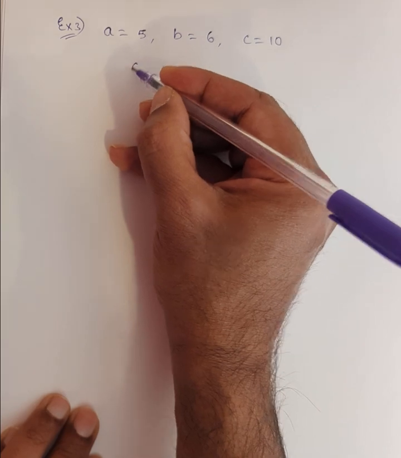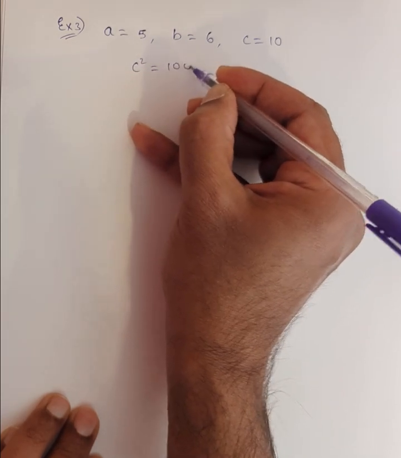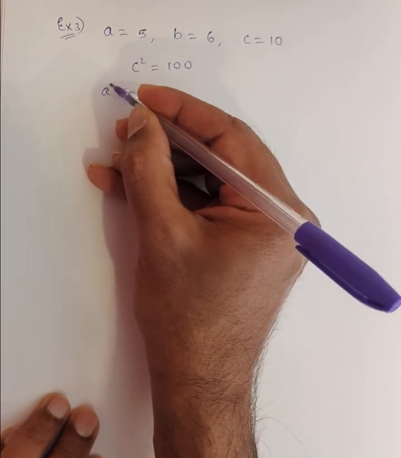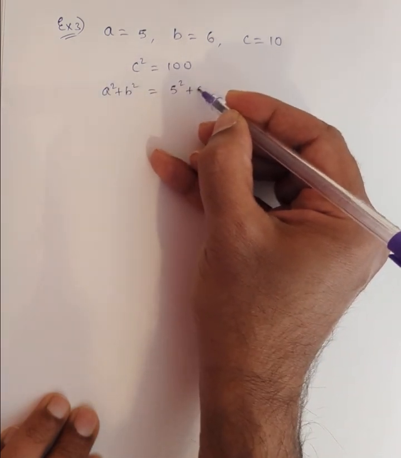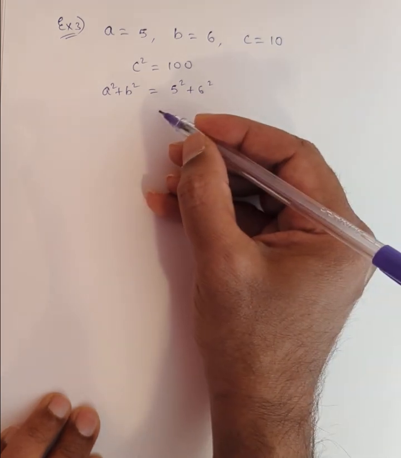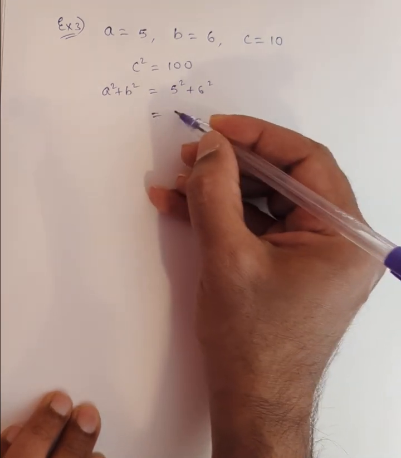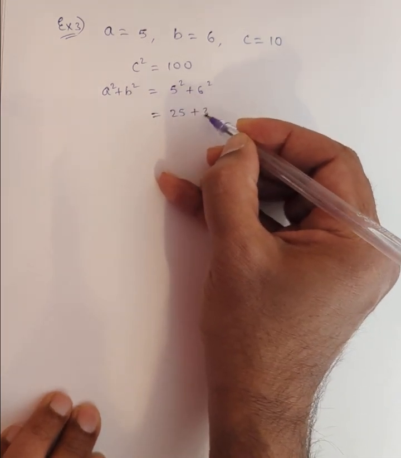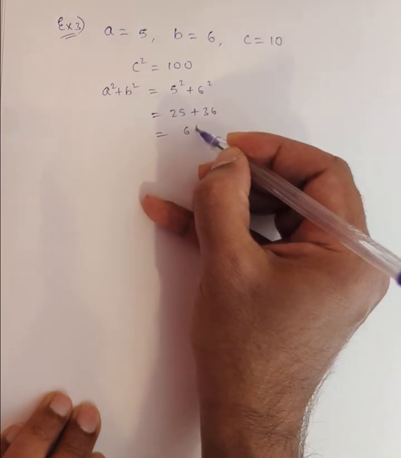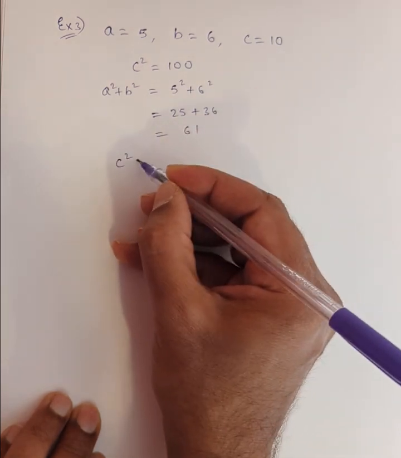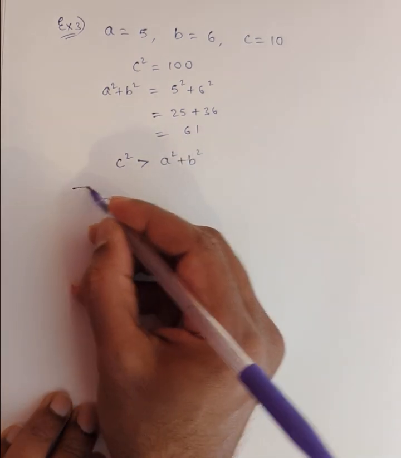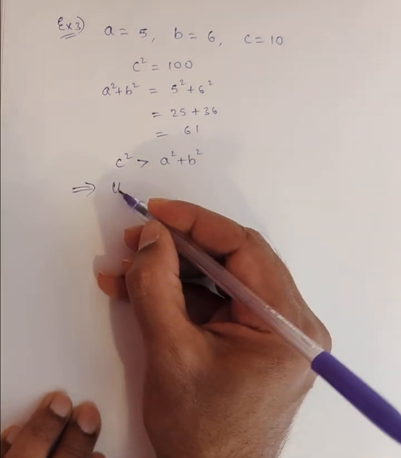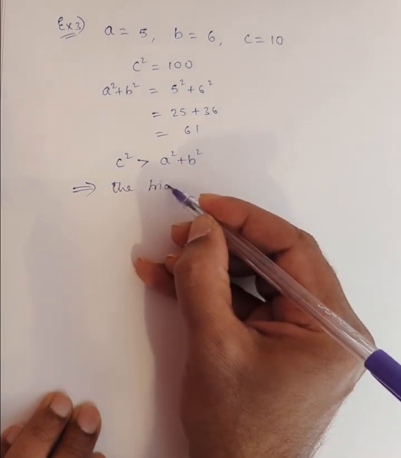Then C square is 100, and A square plus B square is 5 square plus 6 square. We just found that in the previous example. This is 25 plus 36 equals 61. So C square is greater than A square plus B square, and that tells me the triangle is obtuse.